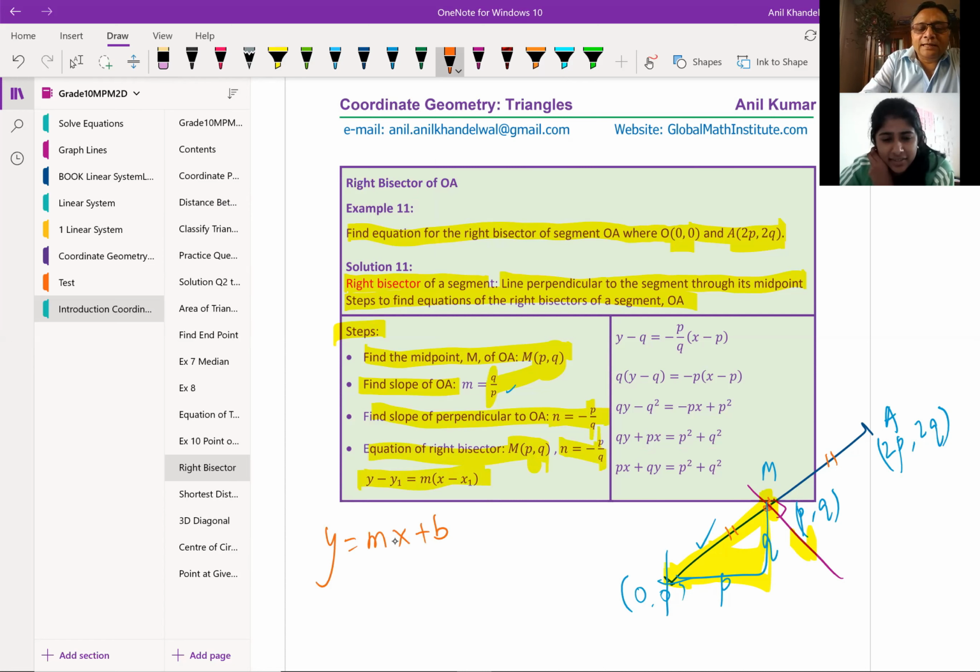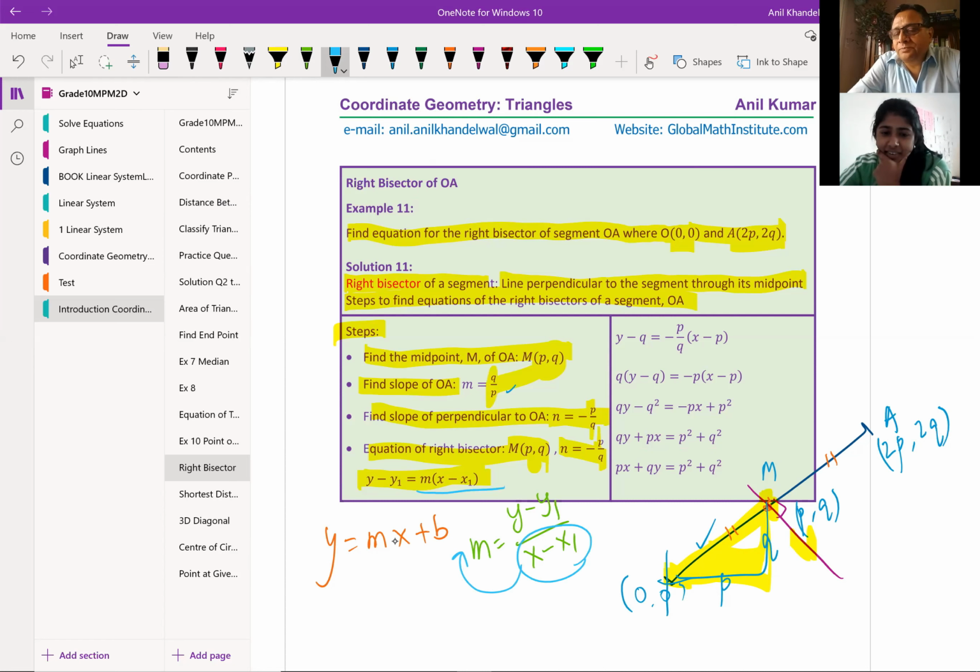Now, think like this. Let me show you the derivation here. What is the slope m? m is y minus y1 over x minus x1, correct? The difference between y values and the difference between x values gives you the slope. How about cross multiplication? As soon as you do cross multiplication, you get m times x minus x1, and you're left with y minus y1.